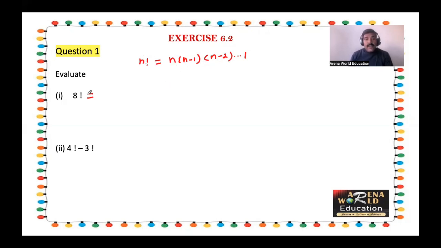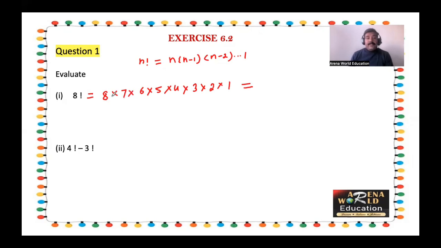So 8 factorial will be the product of first 8 natural numbers. So 8 into 7 into 6 into 5 into 4 into 3 into 2 into 1.